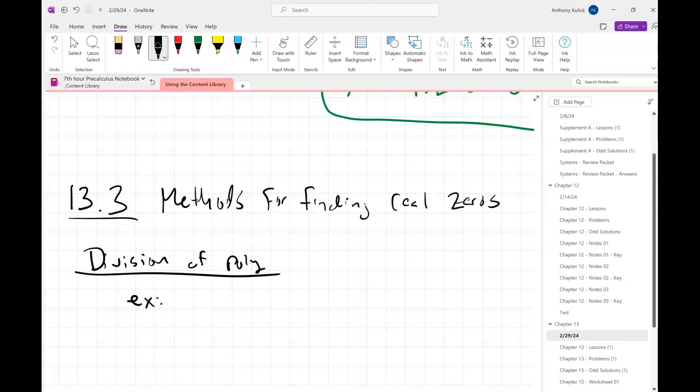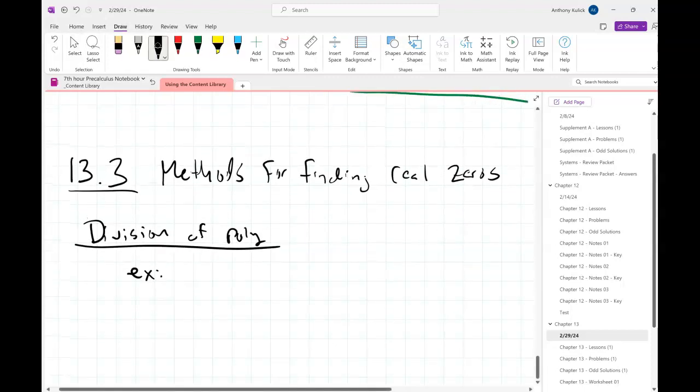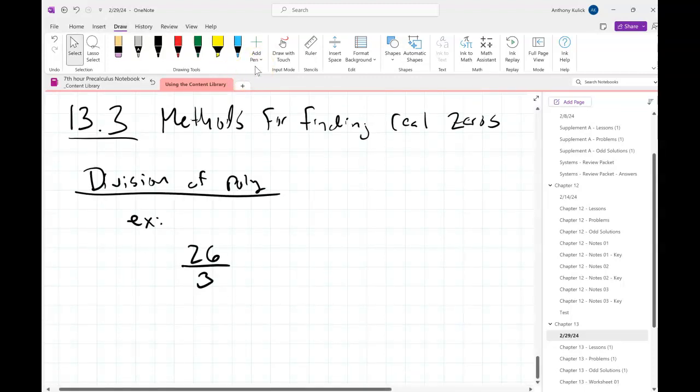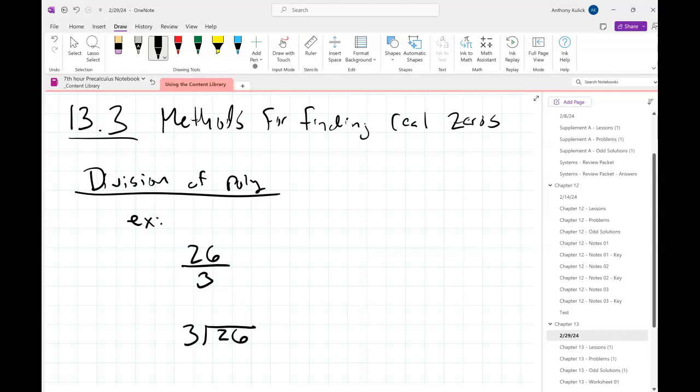But before we do that, this process is really the same thing as taking a fraction and rewriting it as a mixed number. So if I have 26 over 3 and I want to rewrite this as a mixed number, I'm going to take 26 and divide by 3.